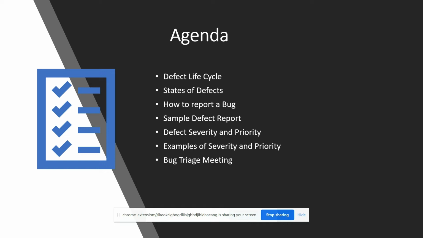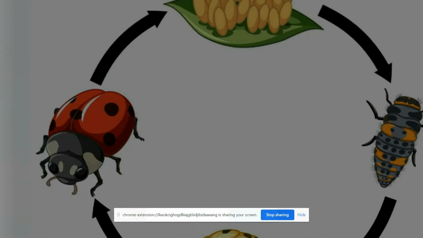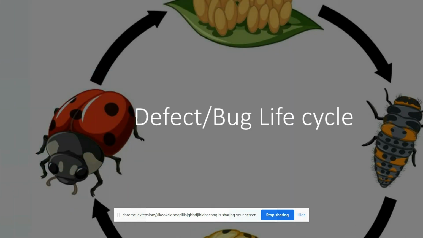Okay, so now the defect or bug life cycle. You have a software development life cycle, you have a software testing life cycle, and we also have a defect life cycle.